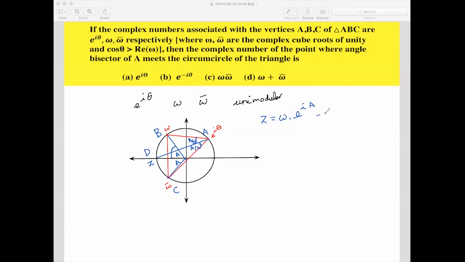This is one. Again, you notice that omega bar has the same relation with Z. So from 1 and 2, what do we get?